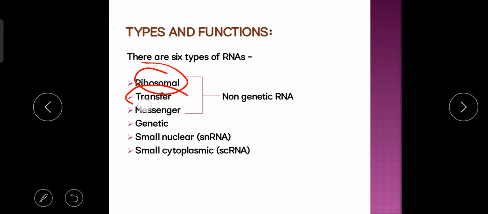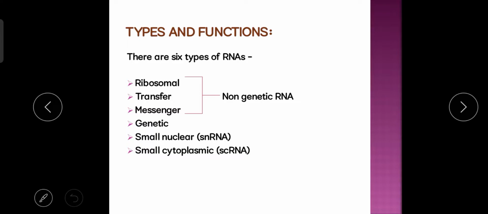The transfer RNA picks up a specific type of amino acid from the amino acid pool to the site of protein production, called the ribosome. And messenger RNA carries the messages from DNA in the form of genetic code to the ribosome for protein production.